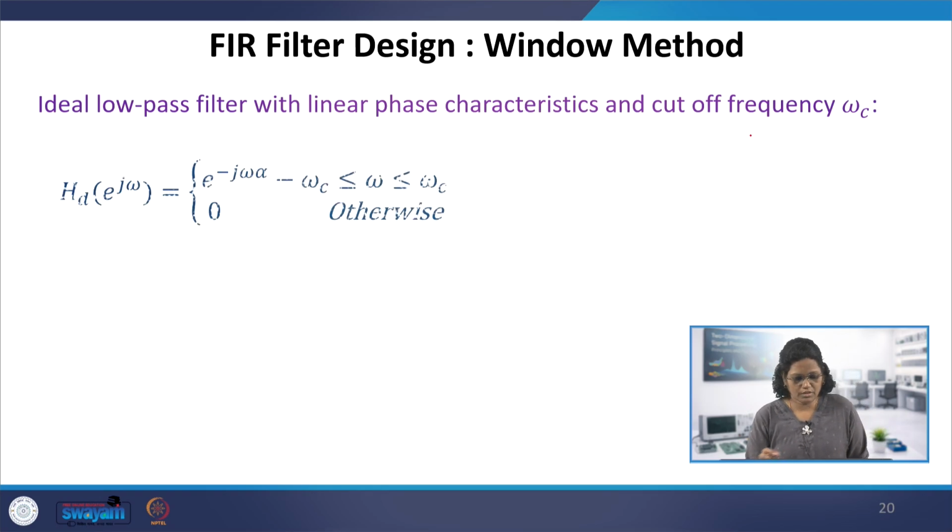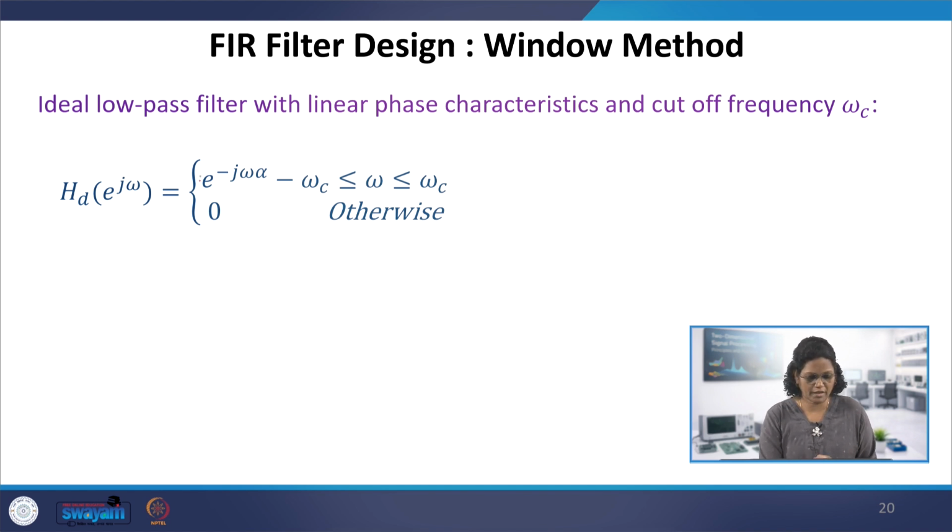So once we have this specification, we proceed with the window method for the FIR filter design. Taking an example, the desired frequency response is e^(-j omega alpha) between minus omega c and plus omega c. As we have seen, the FIR filter with midpoint characteristics offers a linear phase response.